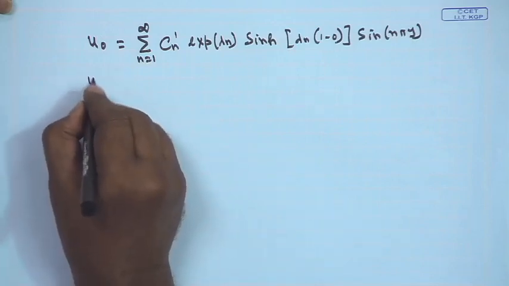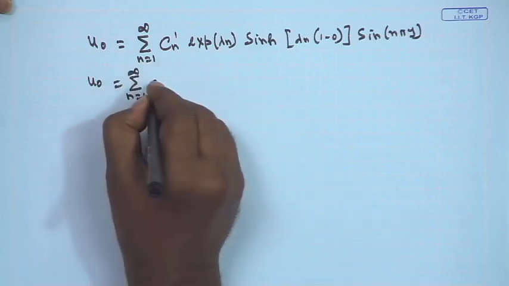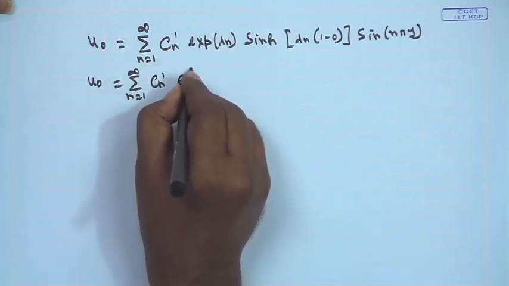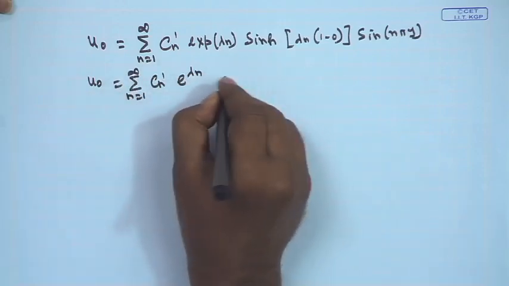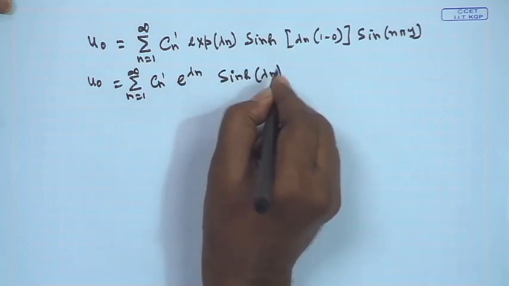So, it becomes u naught is equal to summation n equal to 1 to infinity C n prime e to the power lambda n sine hyperbolic lambda n sine n pi y.